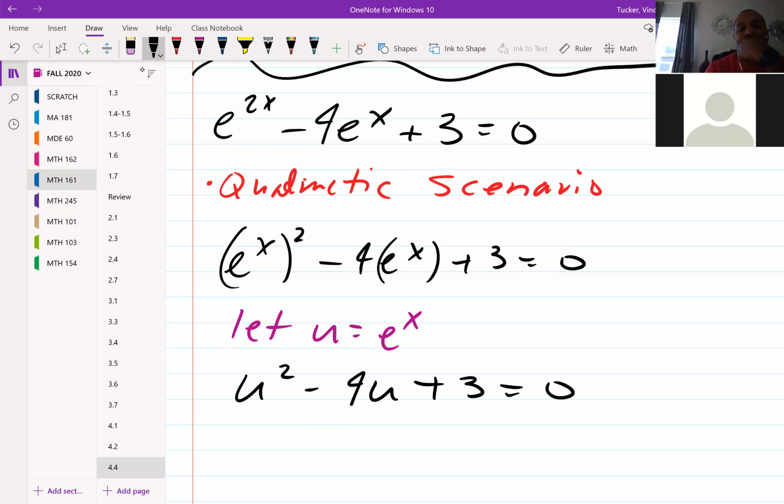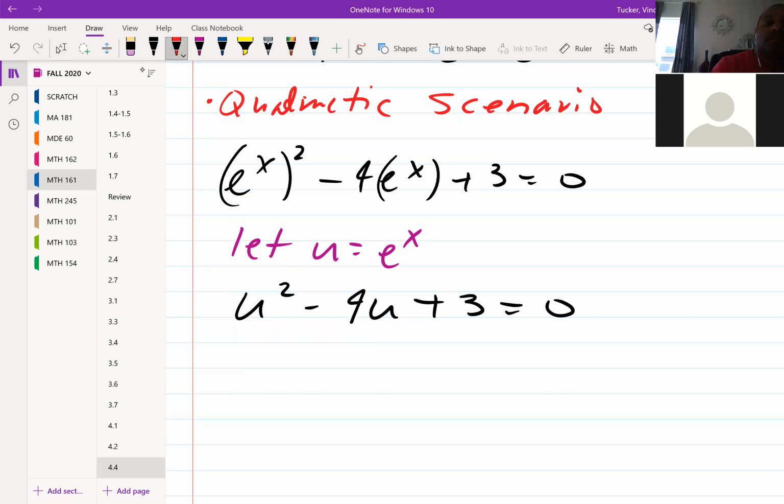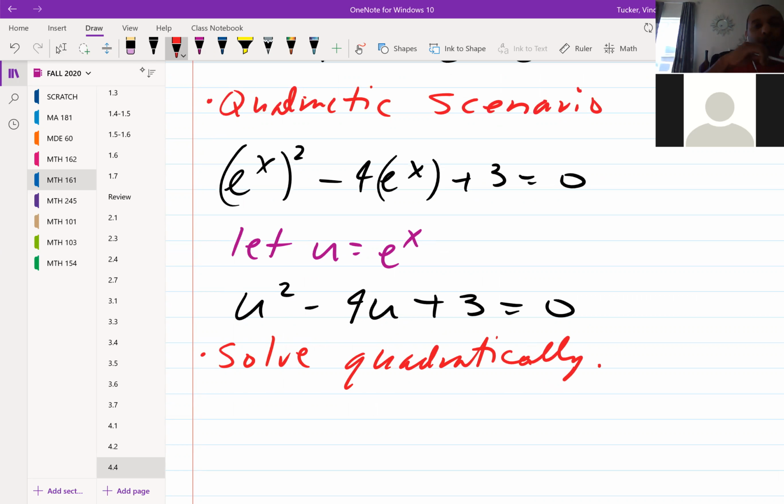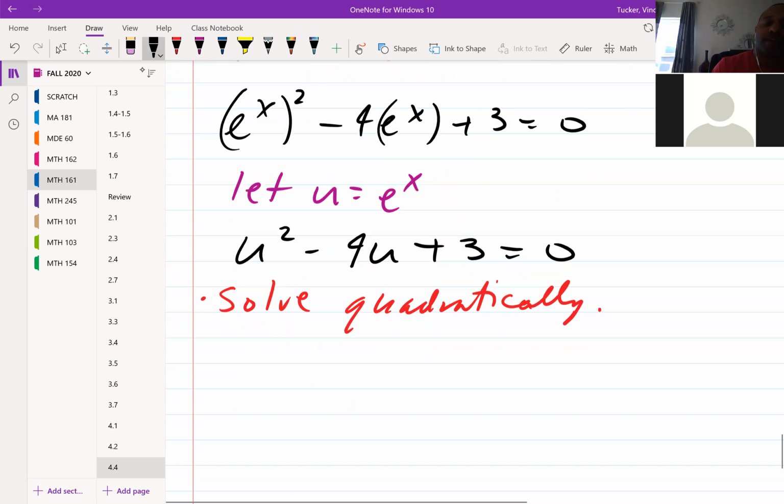All right. So if that's the case, we can just solve it quadratically. In other words, whatever method you would use to solve a quadratic equation, we can go ahead and use it. So I will go ahead and factor this.